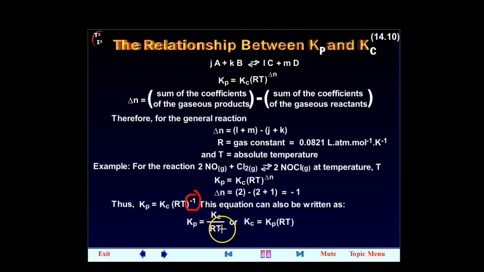It's going to be a fraction, 1 over RT. That is how you got this. And when you cross multiply K sub P times RT, you get this. Then your K sub C will be K sub P times RT. That is how this was arrived at. All right?